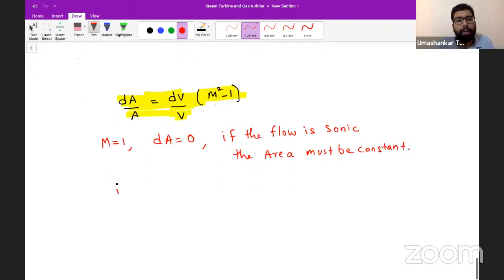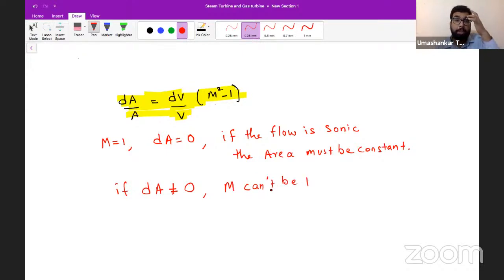Or if area is not constant, that means dA is not equal to 0, so M can't be 1. Yes or no?